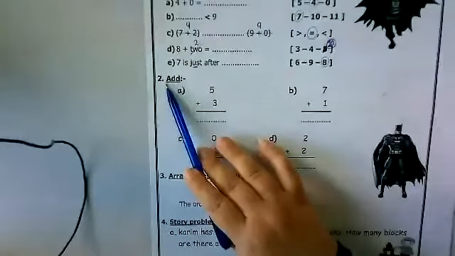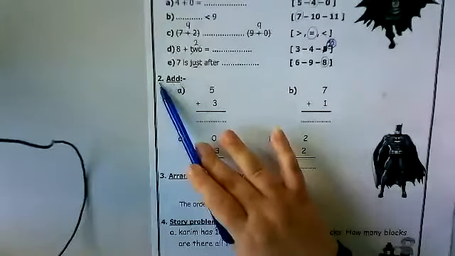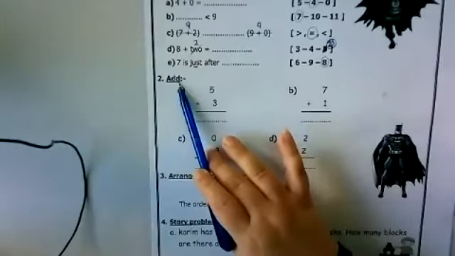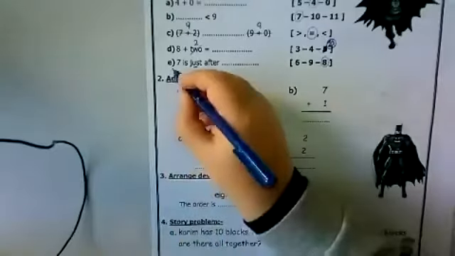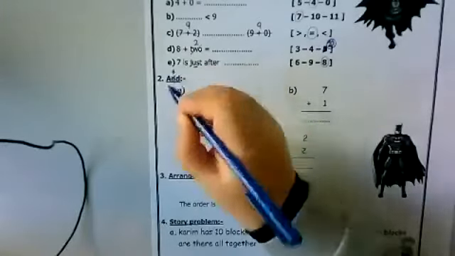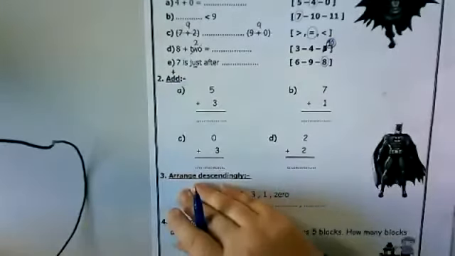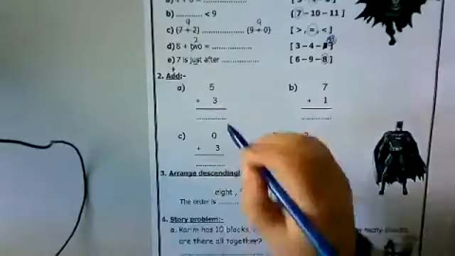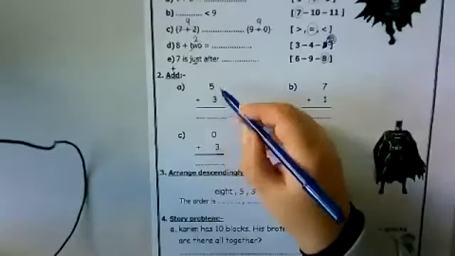Okay. Next, number 2, add. Add means what? Add means plus. Remember this because maybe you will see it in the story problem. So you have to know that add means plus. Okay, 5 plus 3.